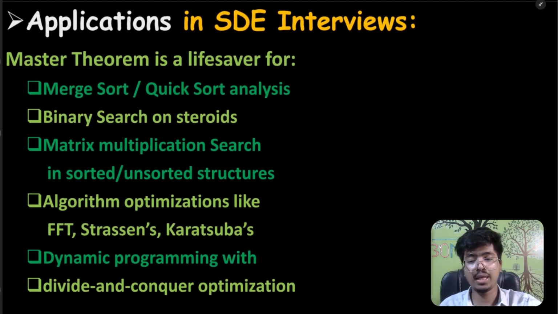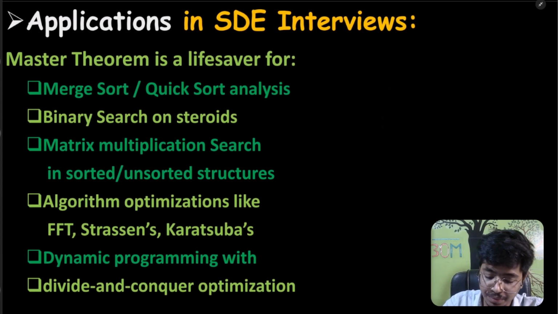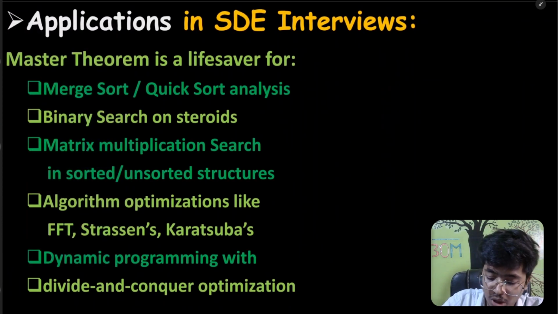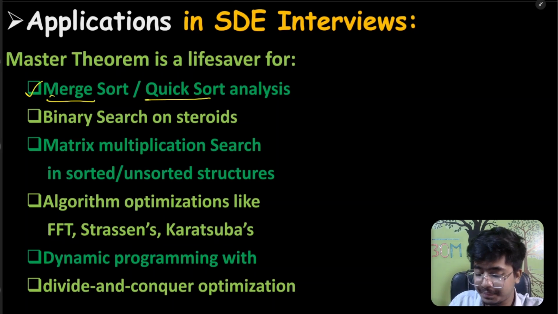Now, applications in our SDE interviews, where we utilize this master's theorem. We utilize master's theorem in merge sort and quick sort analysis. If you have already studied data structures and algorithms, and if not, then you will be studying a lot of sorting algorithms. Among them, the most popular are merge sort, quick sort, etc. Binary search, you will be studying; this is one of the most important topics.